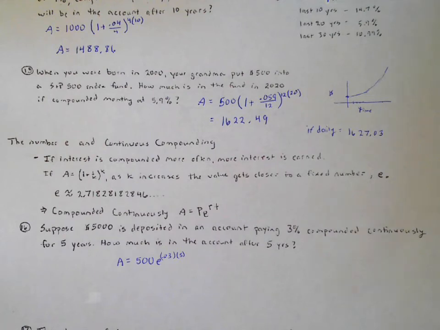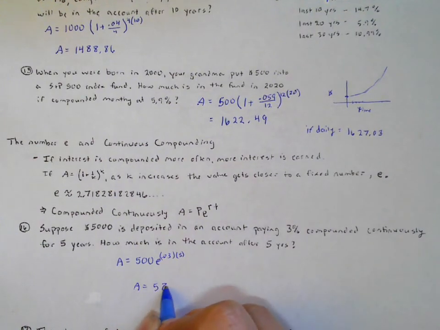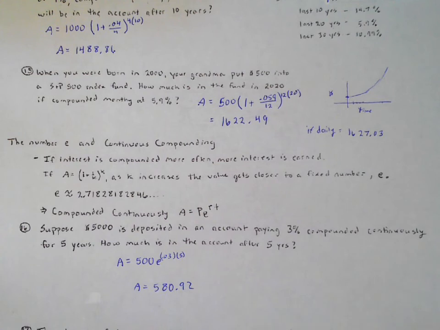Yeah, so in Desmos you can just type in the letter e, and it'll read it as that number. Okay, so 500 e to the 0.03 times 5 gives you $580.92. Okay.